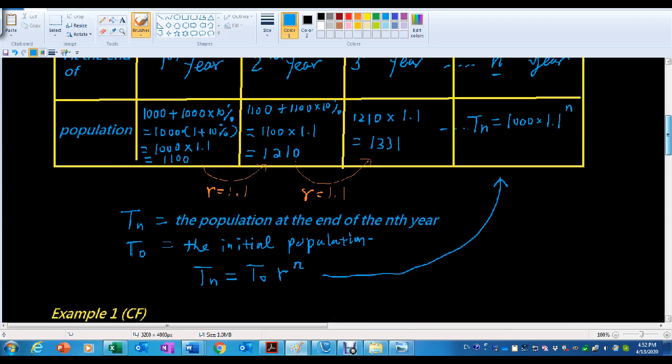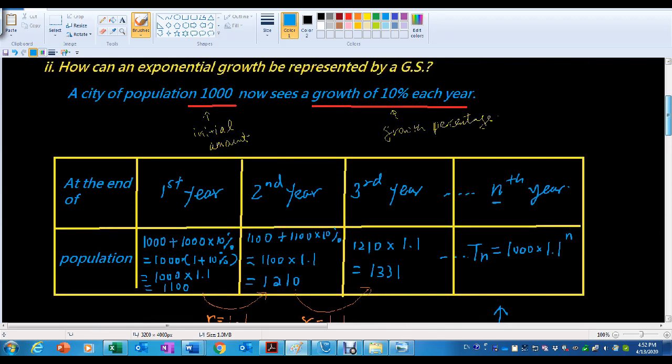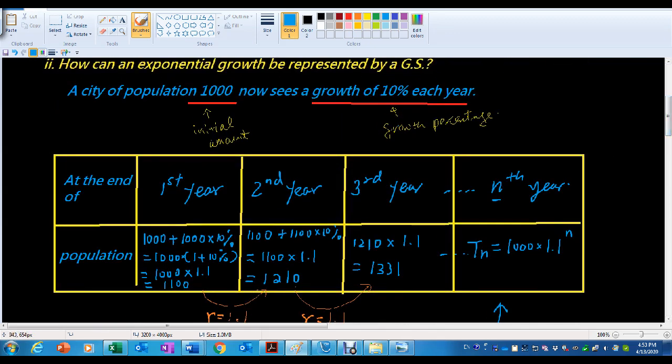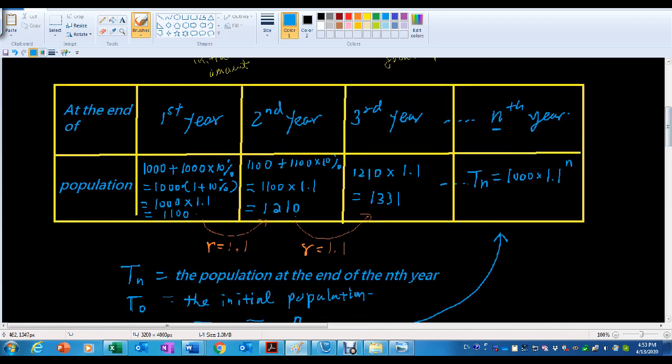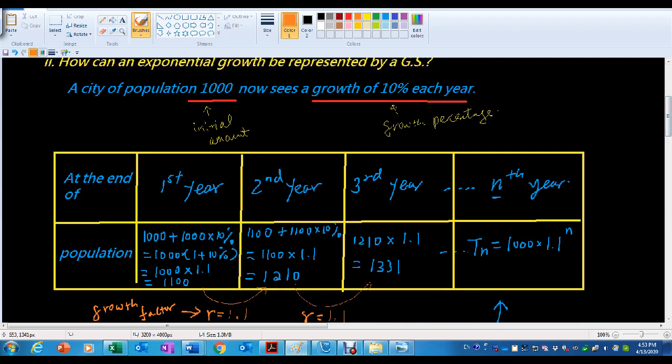So that's what we call exponential growth of population. For exponential growth, you need to find the growth factor, and the growth factor is 1 plus the growth percentage.